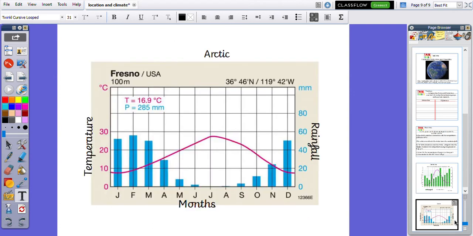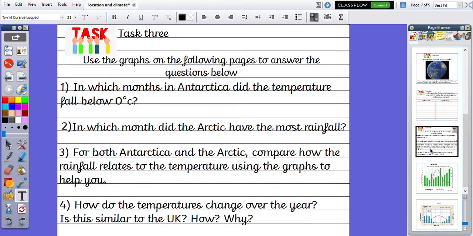And then the Arctic, you have got this graph. So on this side it tells you the amount of rainfall. On the left hand side it tells you the temperature. The pink line shows the temperature, and the blue bars show the rainfall. And then you have got 4 questions to answer.